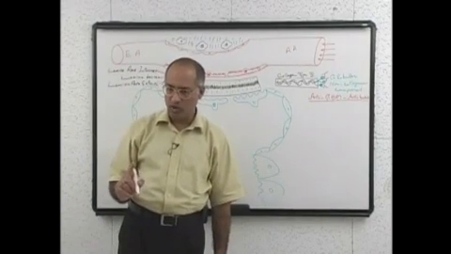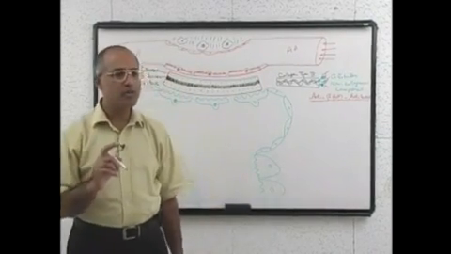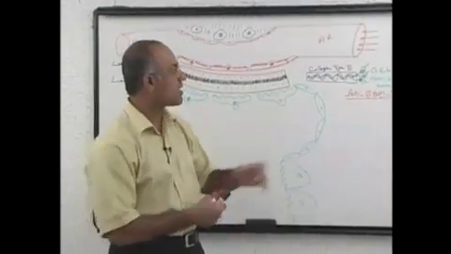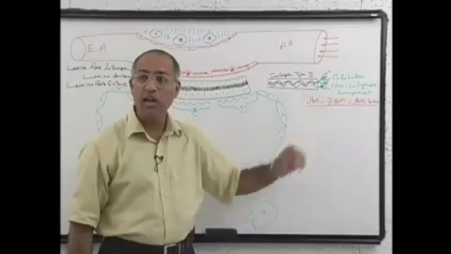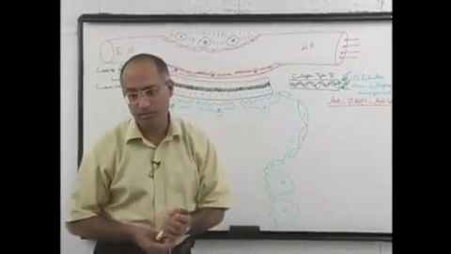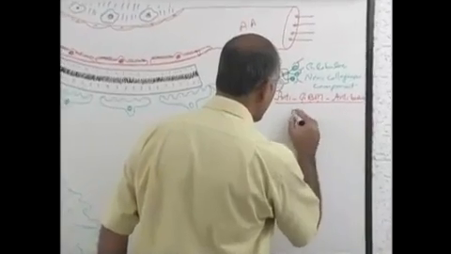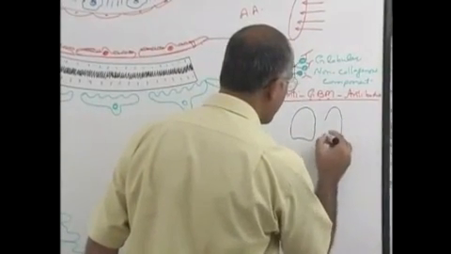Anti-GBM glomerulonephritis. Another important point which is really worth mentioning here is that similar antigens are present in the alveolar basement membrane also.